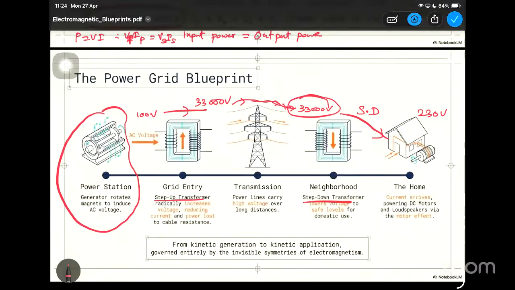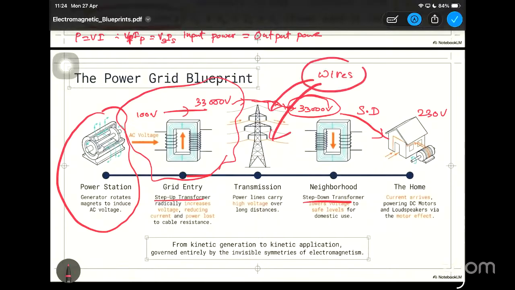So remember, if they ask about the national grid, then you need to give an answer something like this. And also remember, why do we need to step up at this position? The reason is that in the grid we have wires, right? If you have wires, then there will be a resistance. When there's a current and there's a resistance, what will happen? There will be power wastage, right?